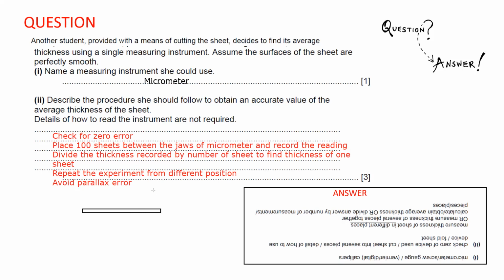Instead of recording the thickness of one sheet, because the thickness of one sheet is very small, it will not be accurate because a very small reading is there. So to improve this, you record the thickness for like 100 sheets or 10 sheets, so that the value which you read will be a higher value.